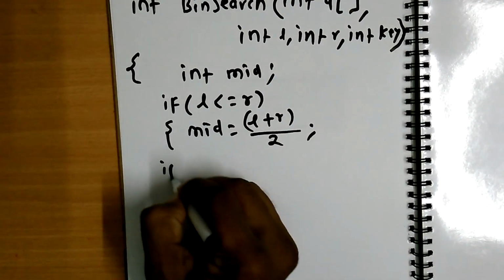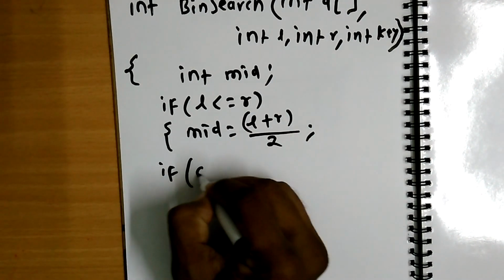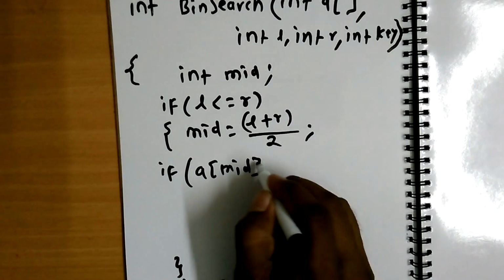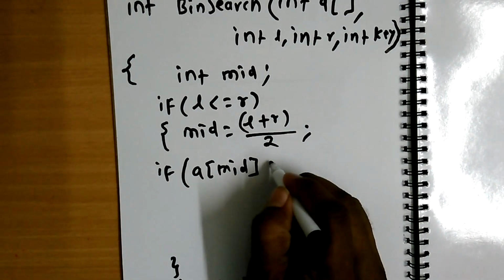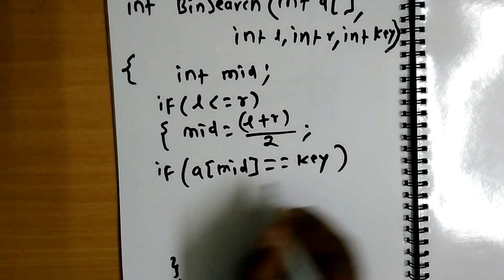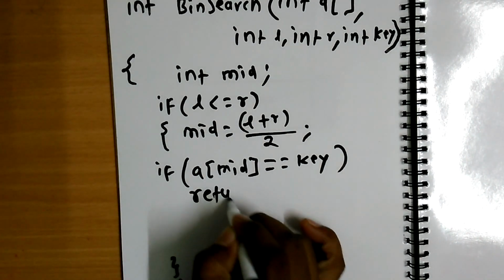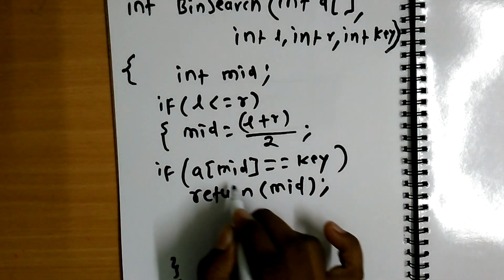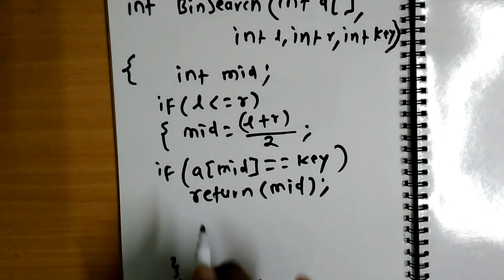I'll write if a of mid, that's the number at the mid position in array A, is equal to key, return mid. If I get the number at the mid position, I'll simply return mid.